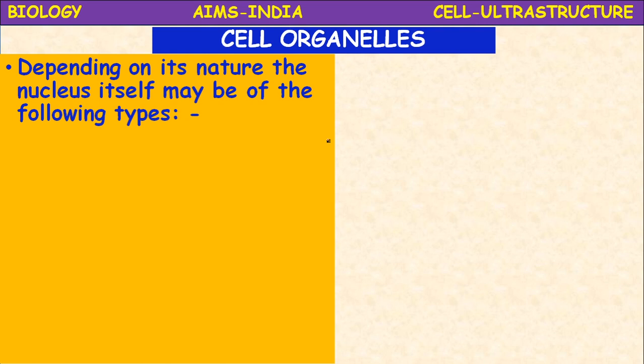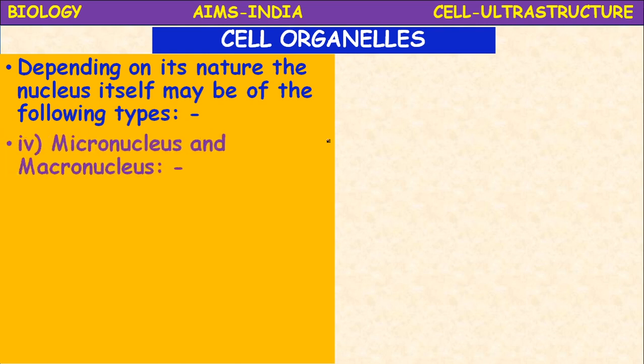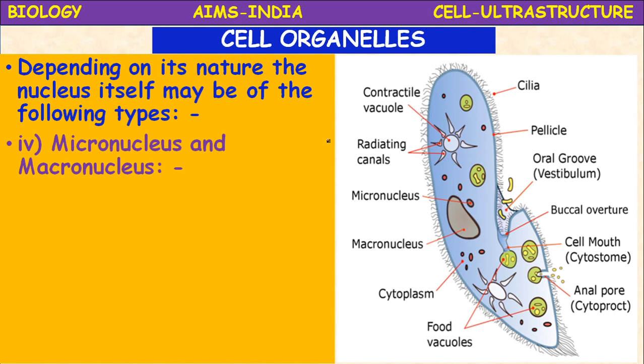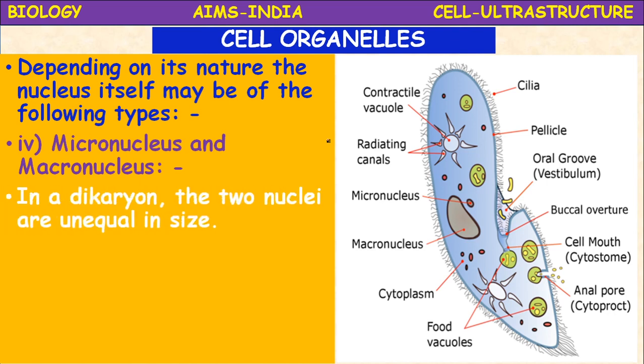So depending on its nature, the nucleus itself may be of the following types. Once again, micronucleus and macronucleus. Here the last one, the fourth type. Previously we studied different pronucleus, male pronucleus, female pronucleus.